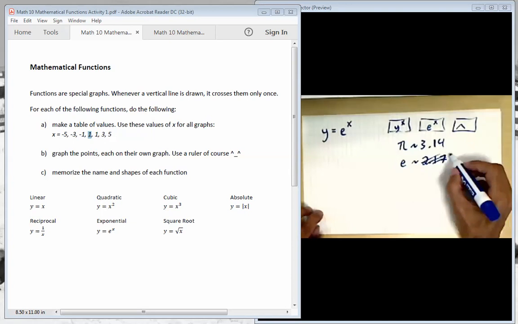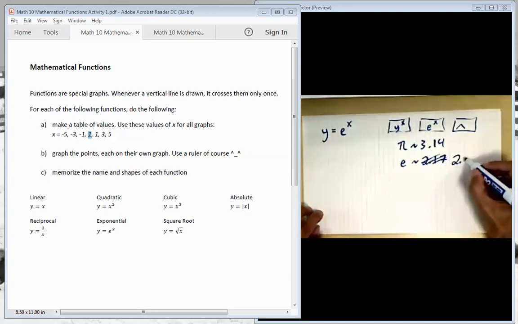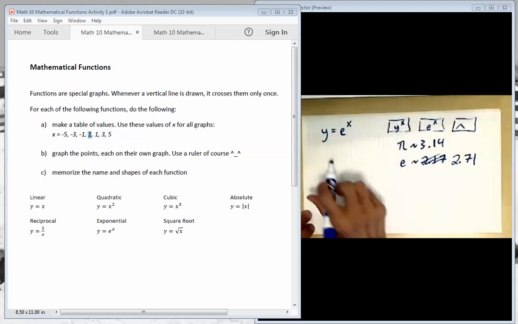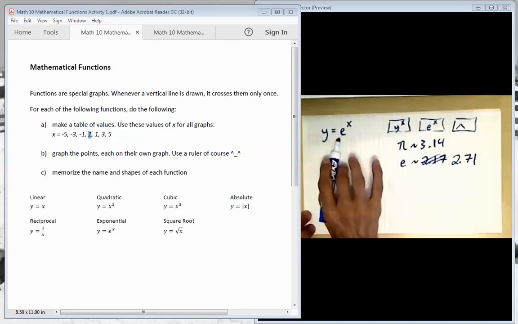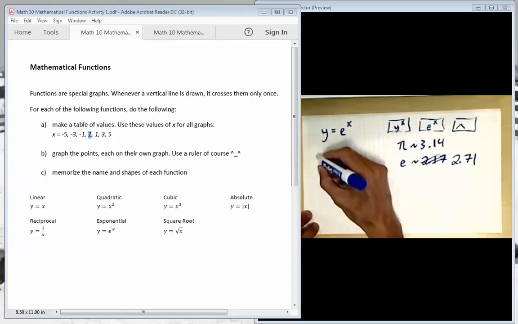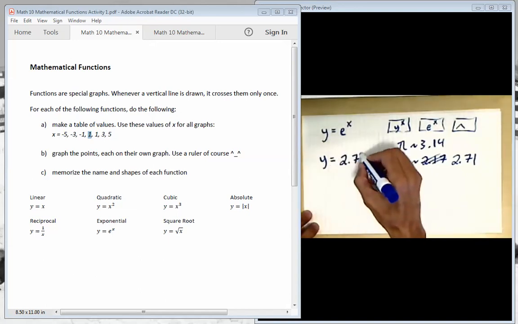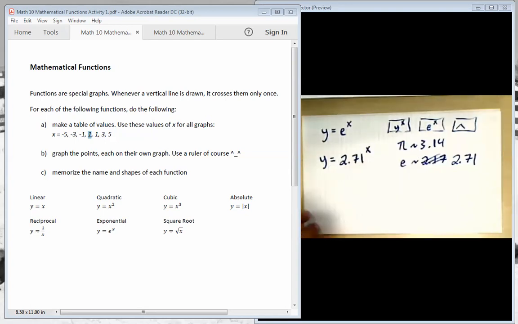Let's switch it and do it right. 2.71, I think 4 after that. Okay. So you can use your calculator to find e to the x, or you can think of this question as 2.71, the special number, to the exponent of x.